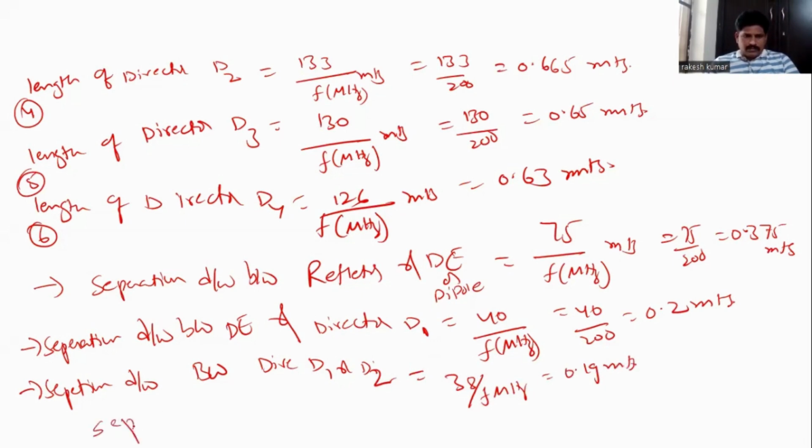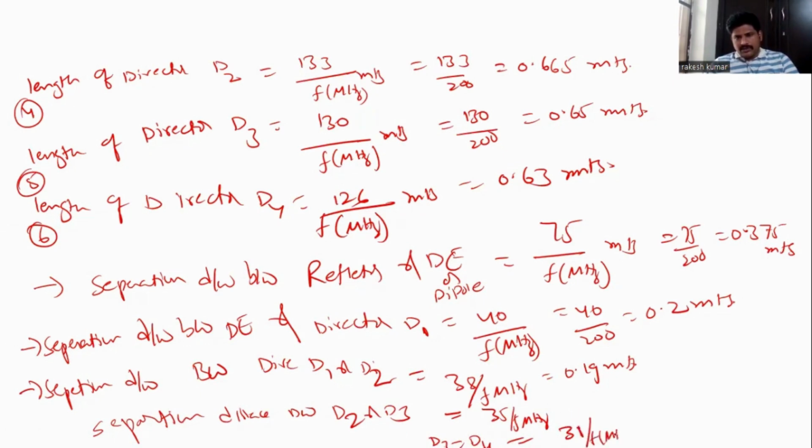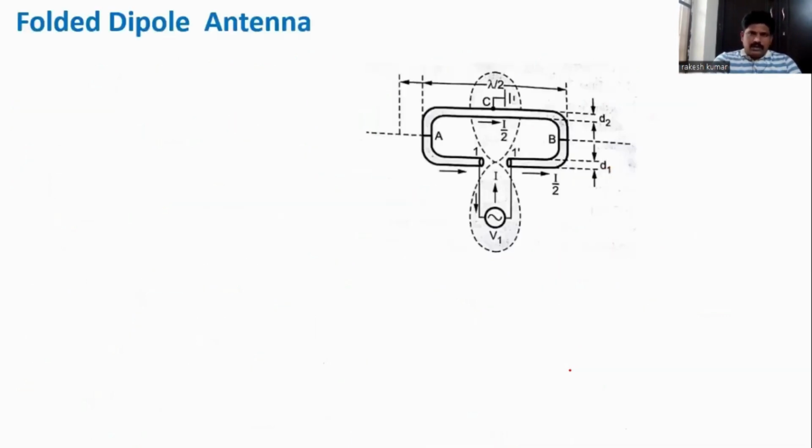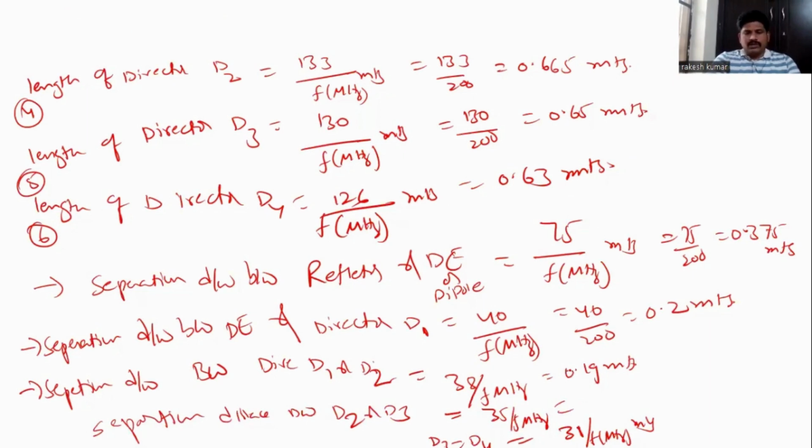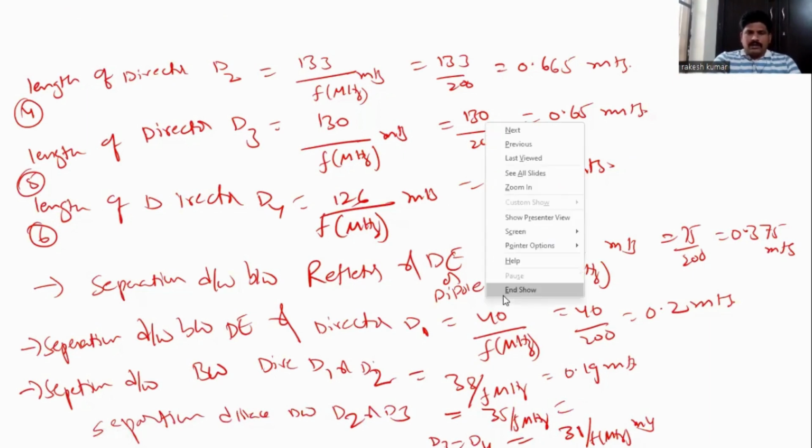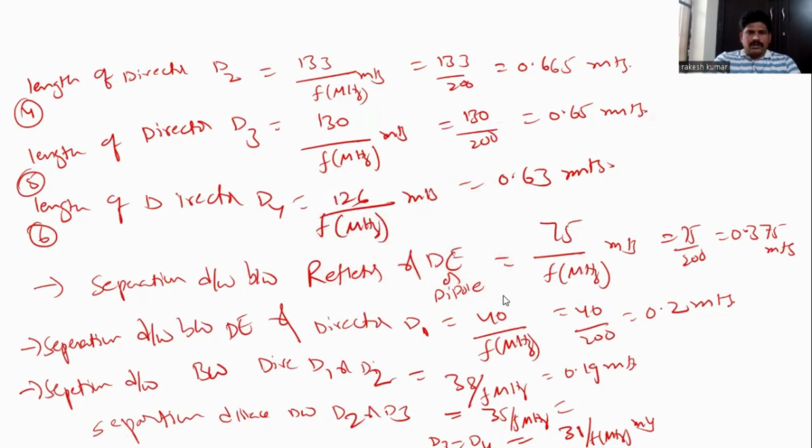Similarly, the separation distance between D2 and D3 has the formula 35 by F in megahertz, and similarly D3 and D4 is 31 by F in megahertz, in meters. Okay, so now we'll summarize all these values and we will draw the diagram.